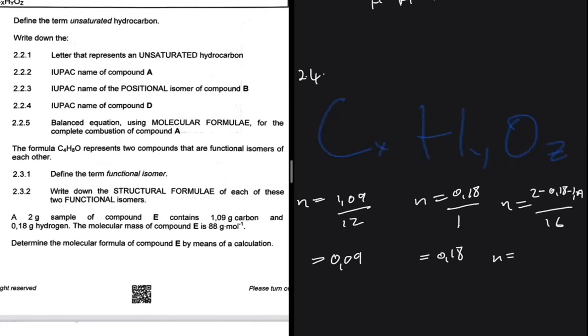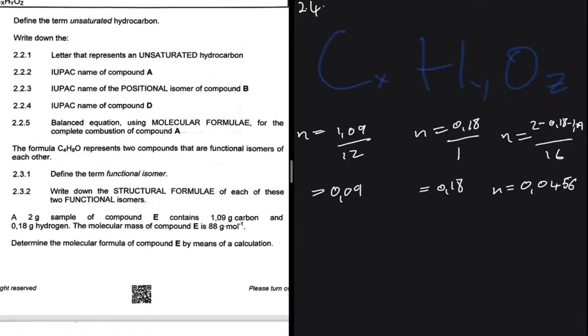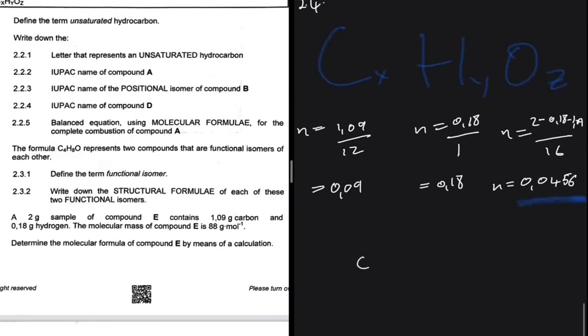Right, I forgot to divide by the molar mass. 0.0456. So the following step now is to divide the number of moles by the smallest of the three, and the smallest here is 0.0456.